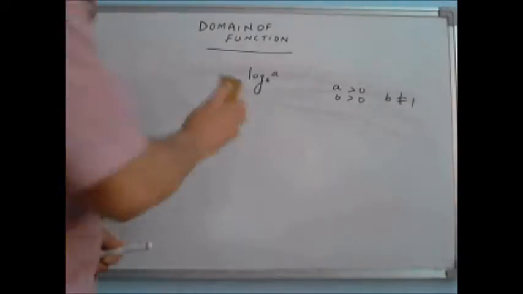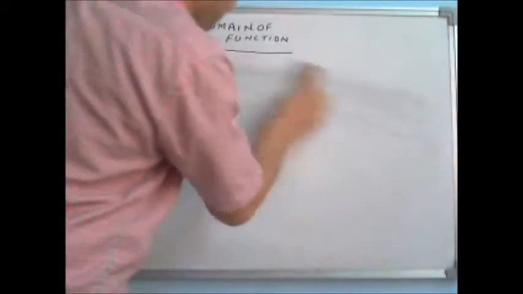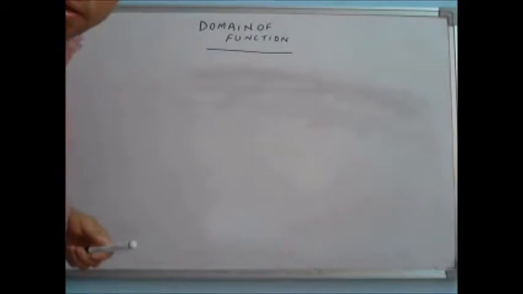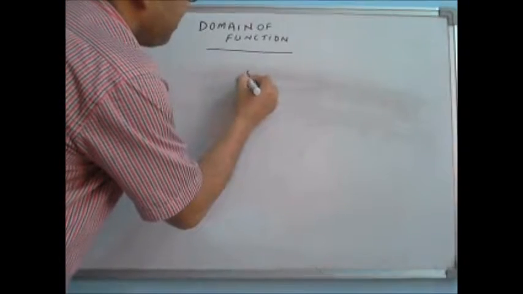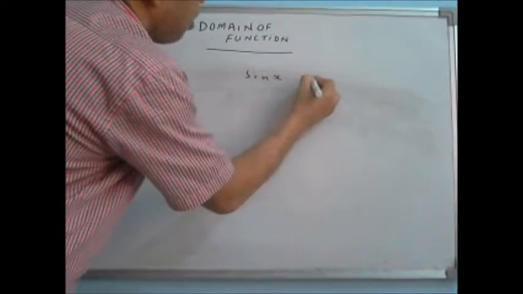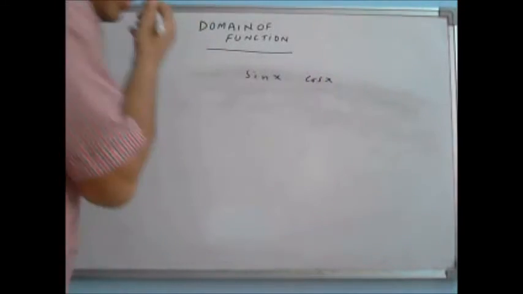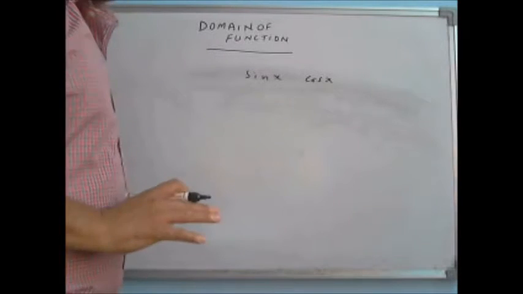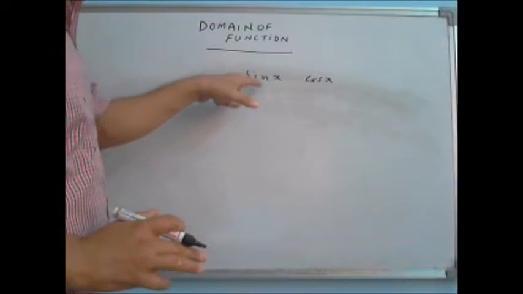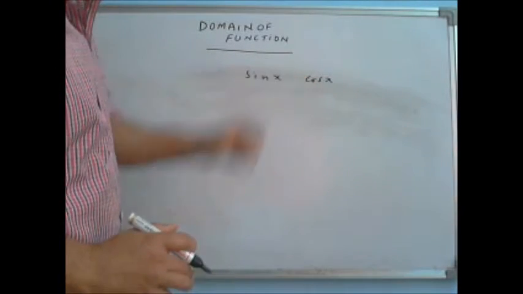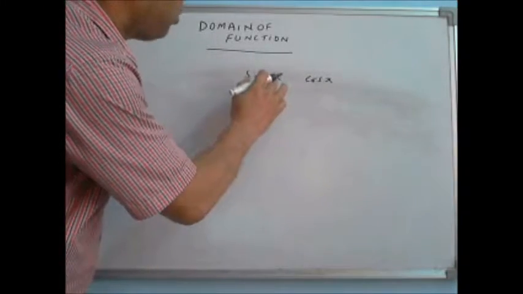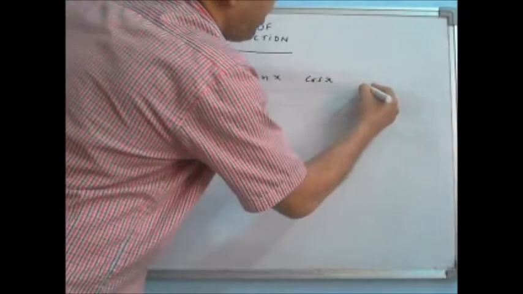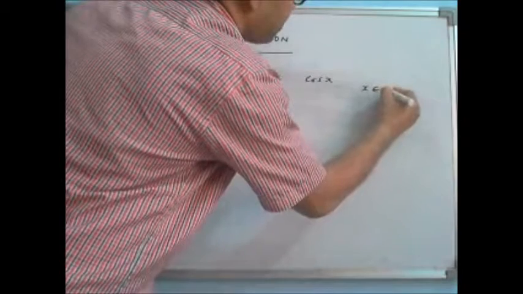For trigonometrical functions, sin x and cos x are defined for all real values of x. Whatever value of x is there, it gets some definite value. So what's the domain of this function? All real numbers.